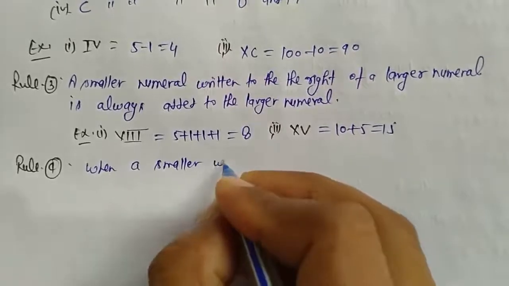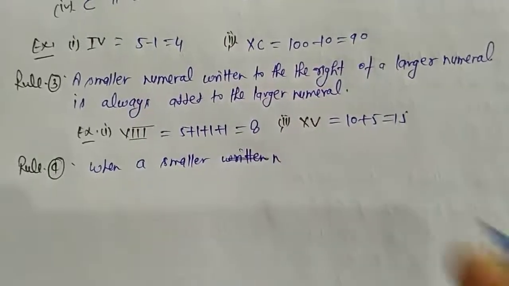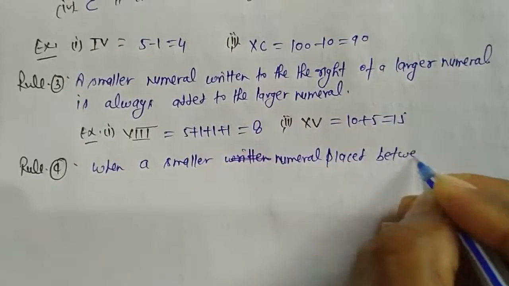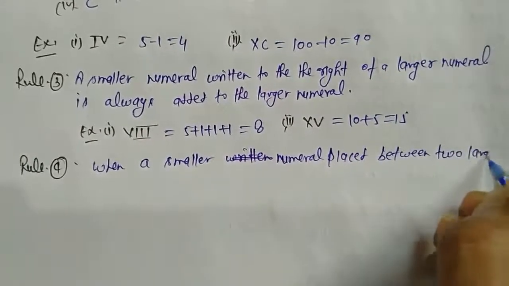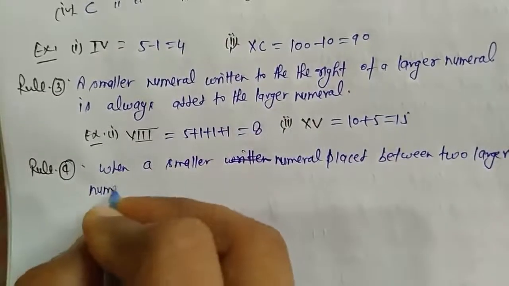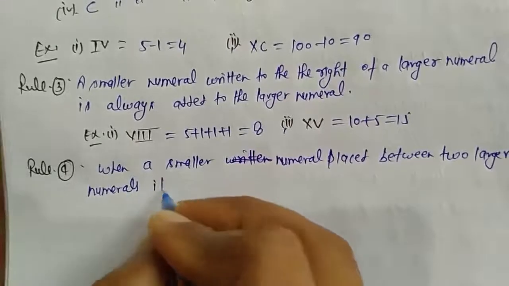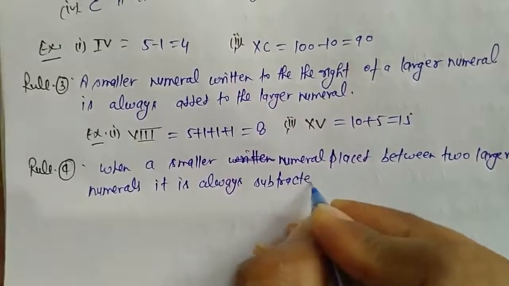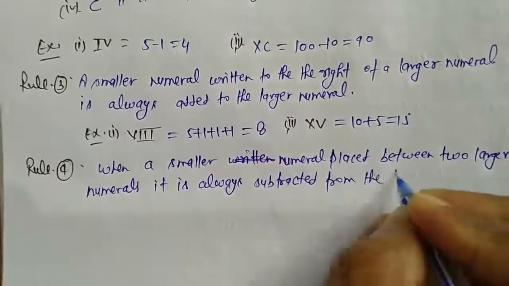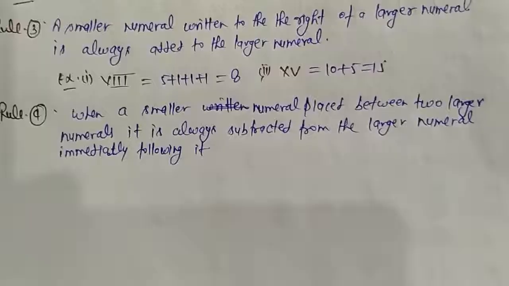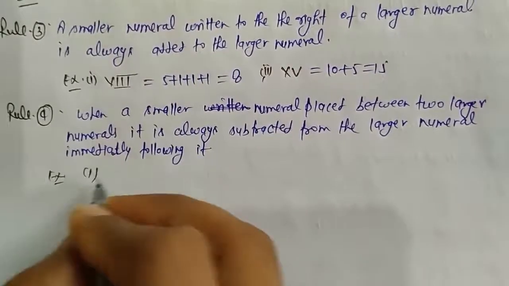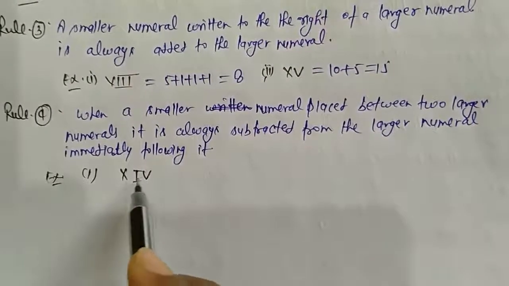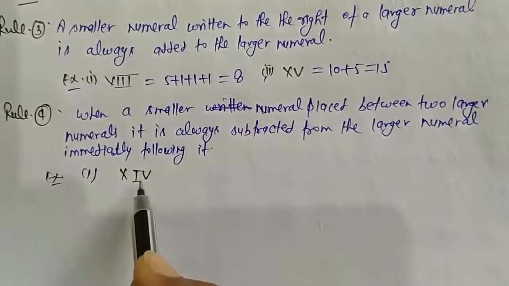For example, when we write XIV, here we see that I is smaller than both digits X and V. X is 10, I is 1 and V is 5.